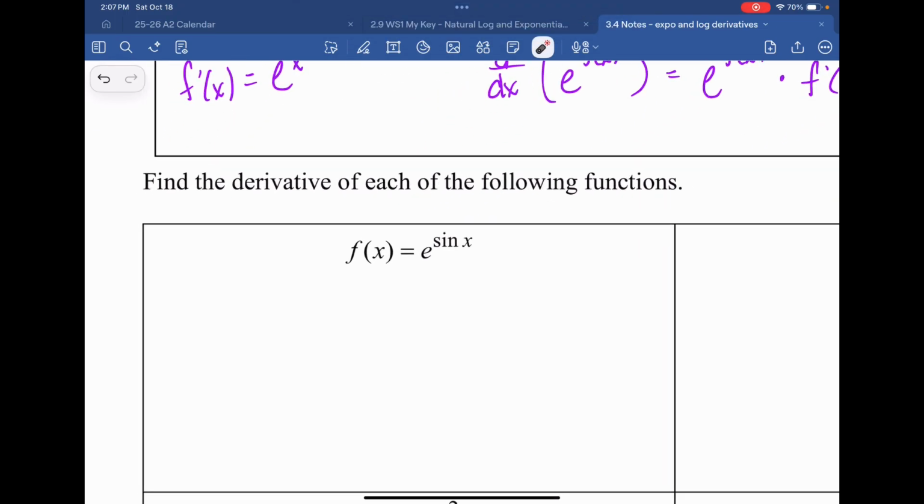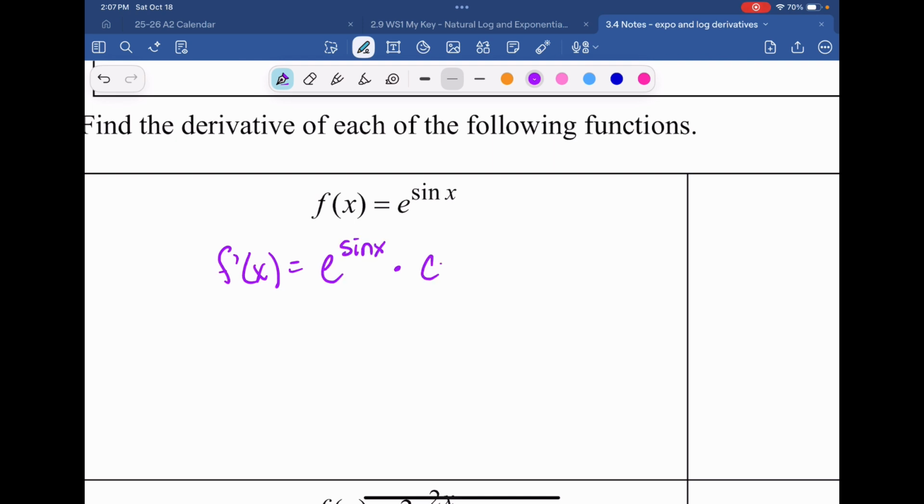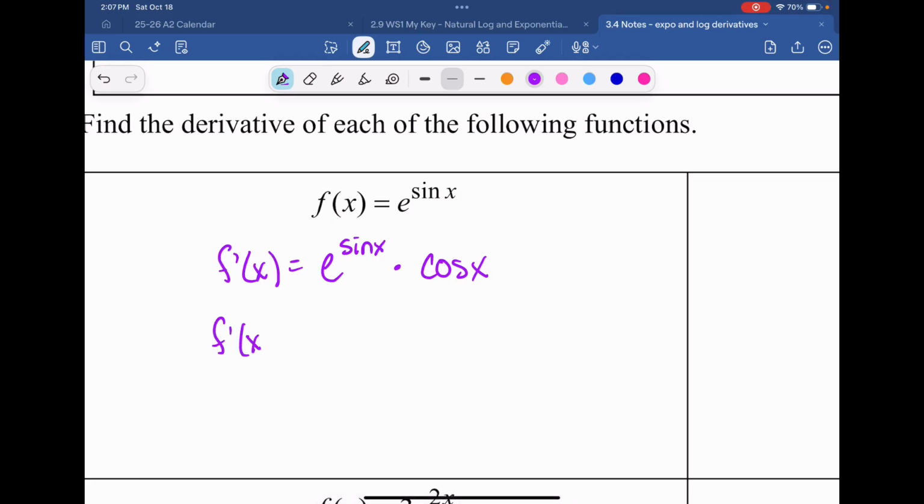All right, I want the derivative of e to the sine x. Okay, so f prime is the derivative of the outside, keep the inside, times the derivative of the inside. About the only thing you would do is rearrange it.